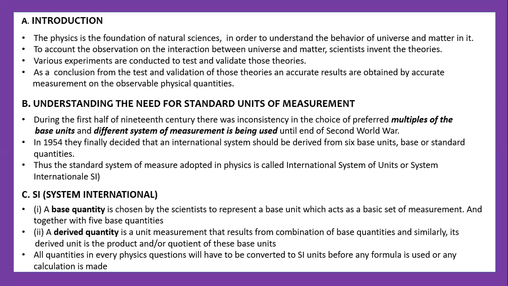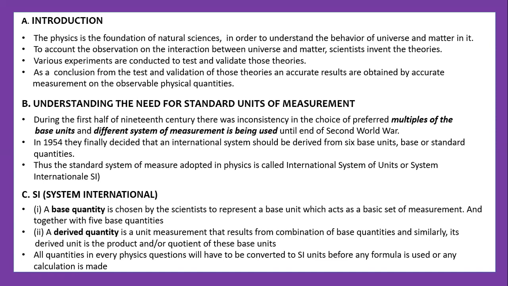In 1954, they finally decided that an international system should be derived from 6 base units, or standard quantities. Thus, the standard system of measure adopted in physics is called the International System of Units, or Système International, SI.